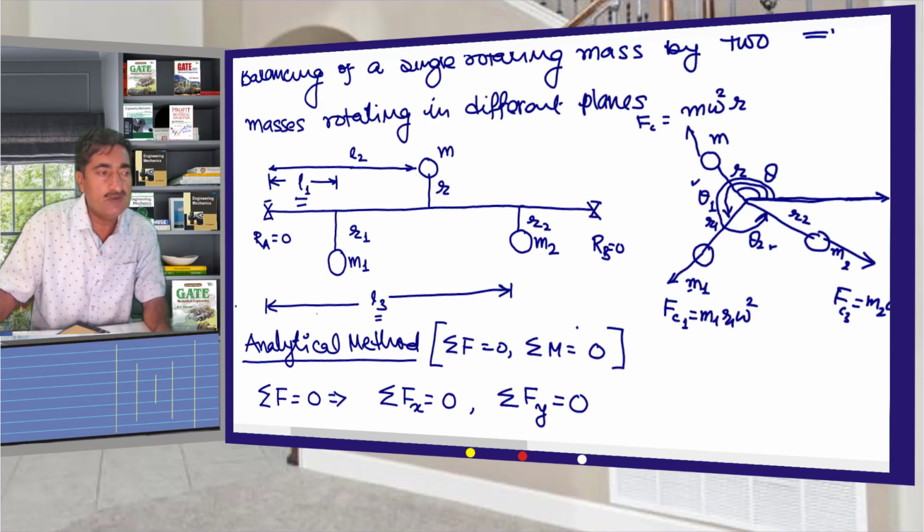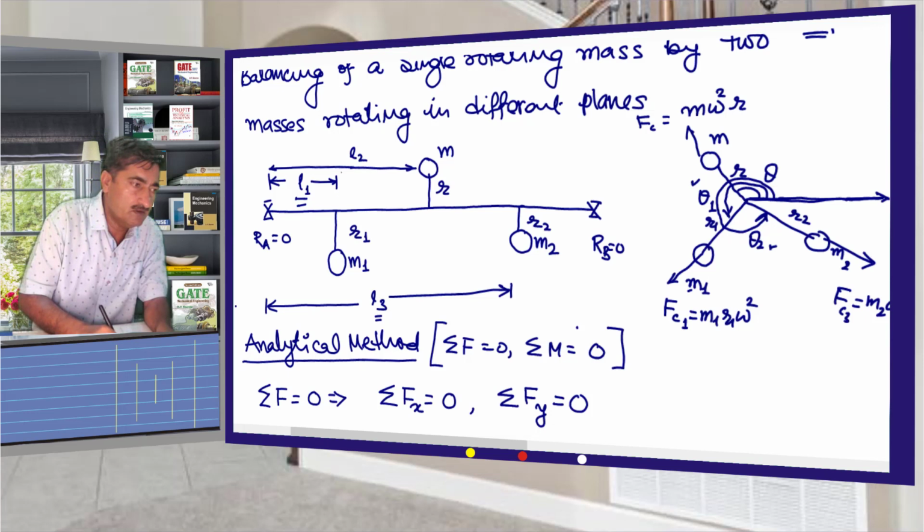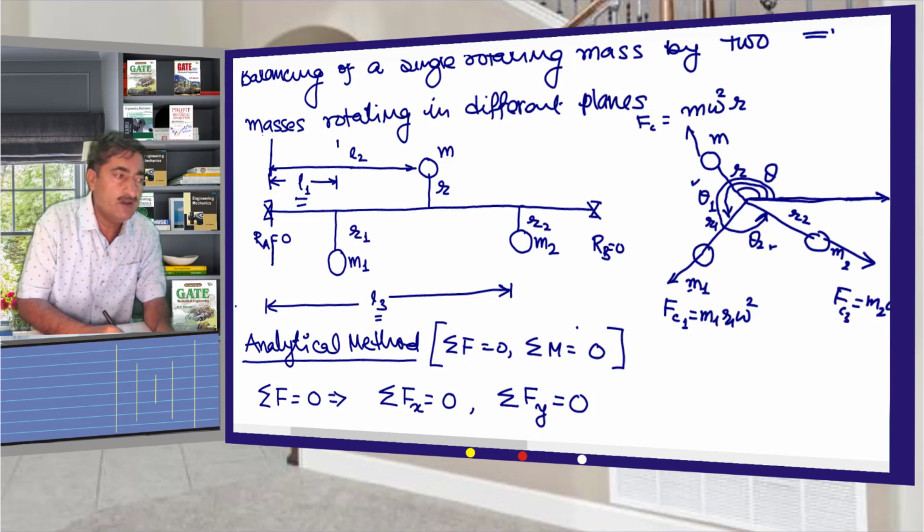Similarly, by taking moment about, suppose, any plane, about plane 1.